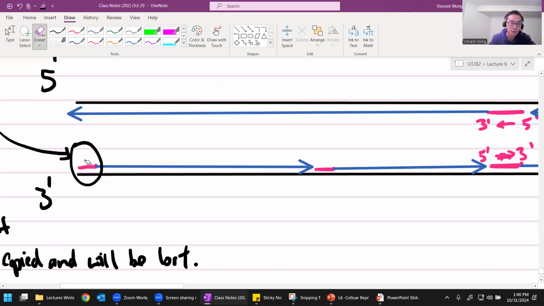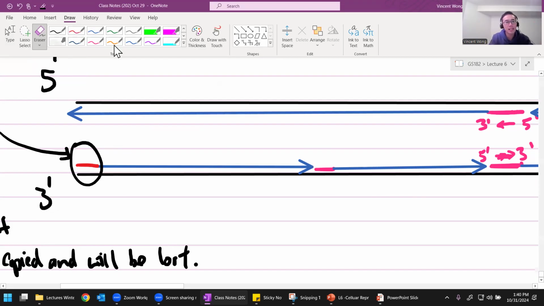So eventually, when this is all said and done, you basically will lose this part right here. Okay, so that's gone. So remember, the black is the original, and then the blue is the copy. So you see the copy actually gets shorter, right? But that's okay because this part here, that got lost, that fell off or whatever, that part is just the telomeres.